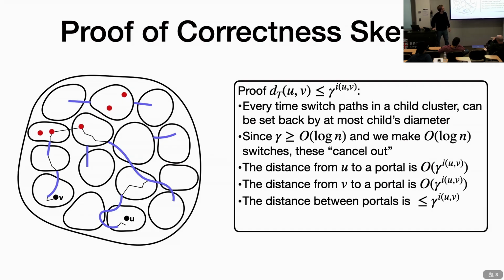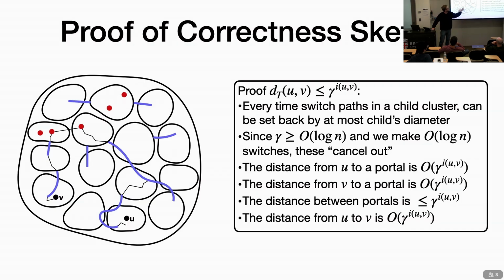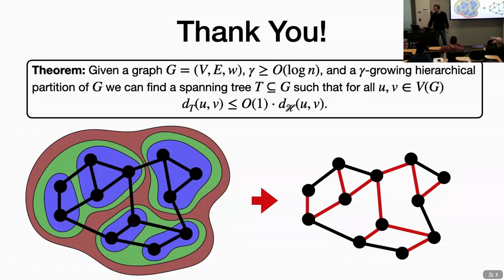And then since our portals come from shortest paths, the distance is at most the diameter of the cluster. And so then adding all the distances together, we get our final desired distance, what we were trying to prove. Yeah, that's it.